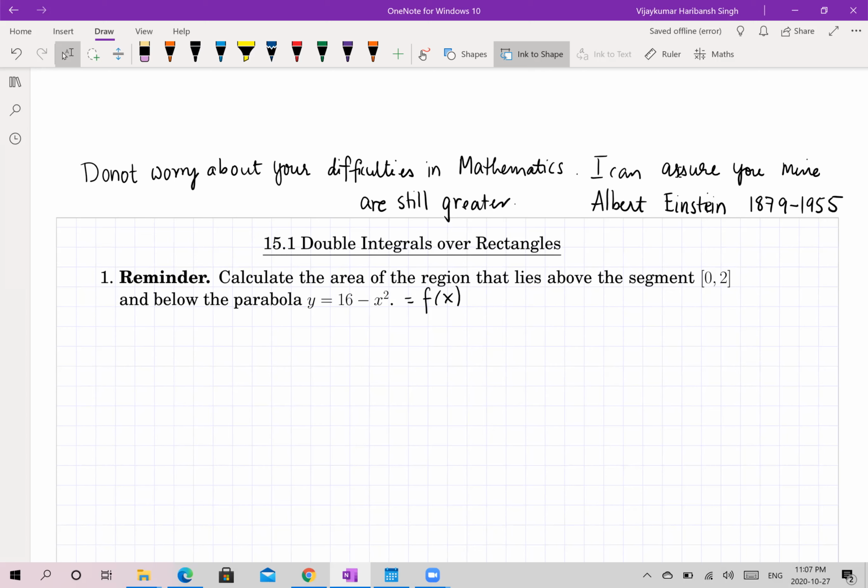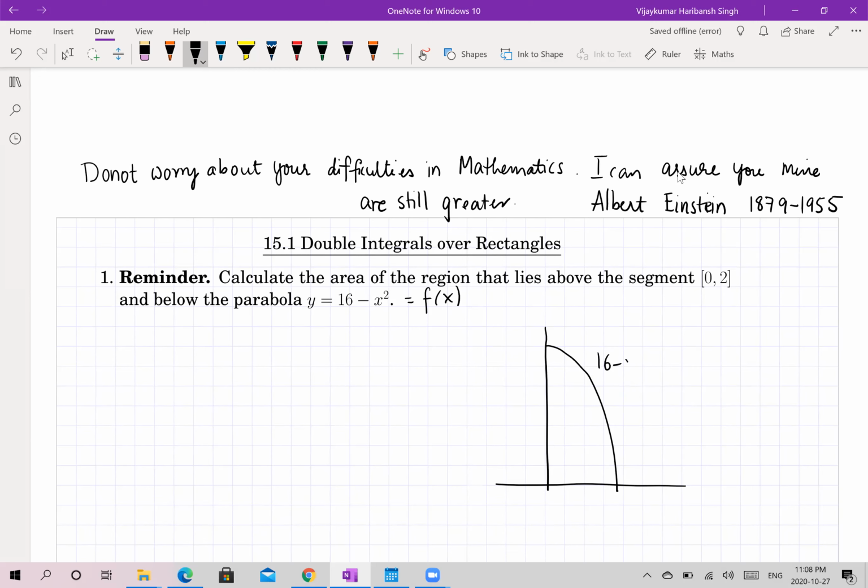So let's proceed with this double integral over rectangle. Let's start with what we already are aware of, by computing the area of the region that lies below the line segment 0, 2 and above the parabola 16 minus x squared. So this is your parabola 16 minus x squared.